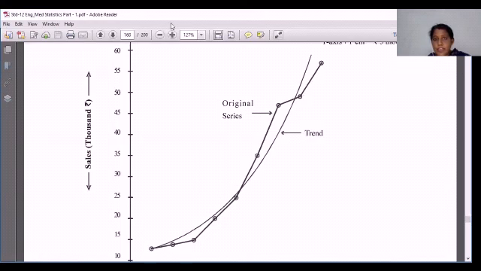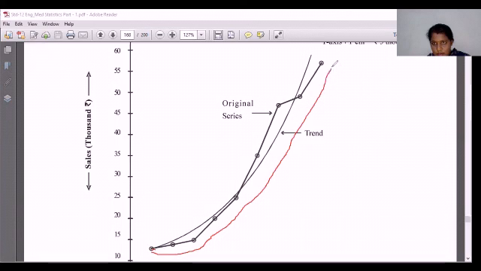This line can be drawn like this also, almost like this. Like this also you can draw. The main thing is what I told you, that you have to cover all these points. This trend line should cover all the points, right? So this is the way how you have to draw your trend.